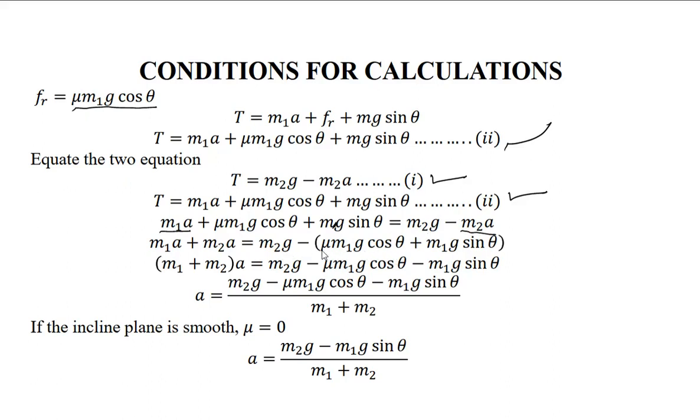So we will be having this relationship. If we make acceleration the subject of the formula, we will have this relationship. Now, if this plane is smooth, that is, the coefficient of friction is 0, the frictional force becomes 0. So our system breaks down to M2G minus M1G sine theta over M1 plus M2.